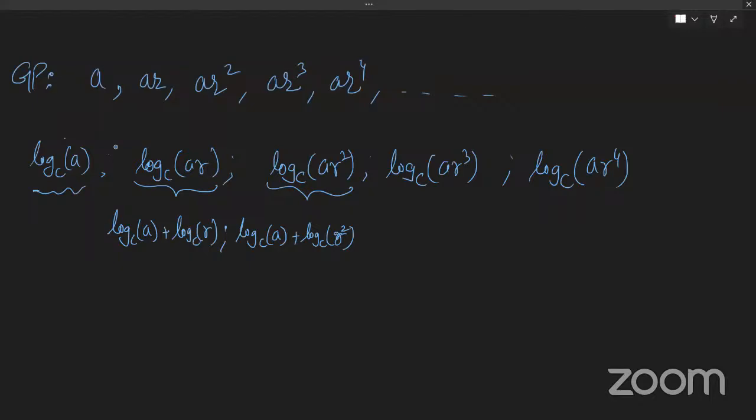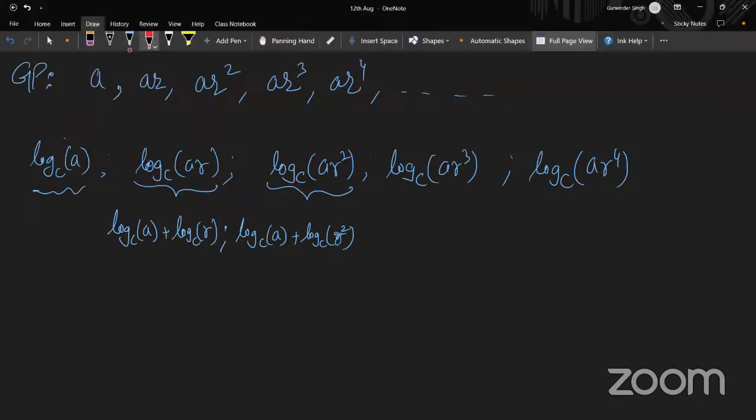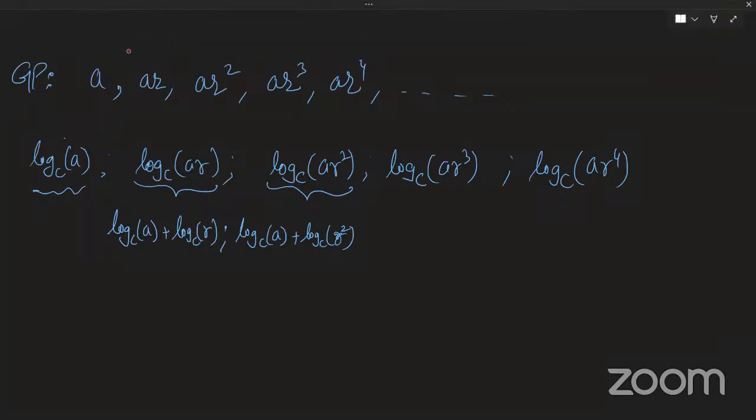When you have a power, what happens to it? It goes backward, so it is 2 times log C of R.